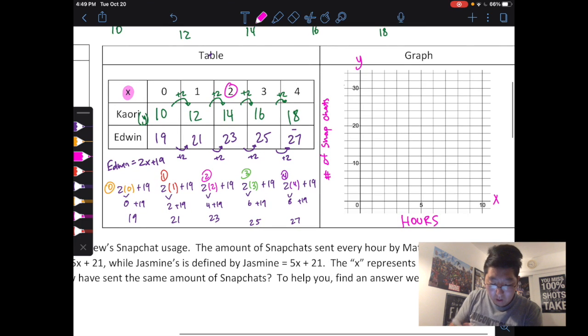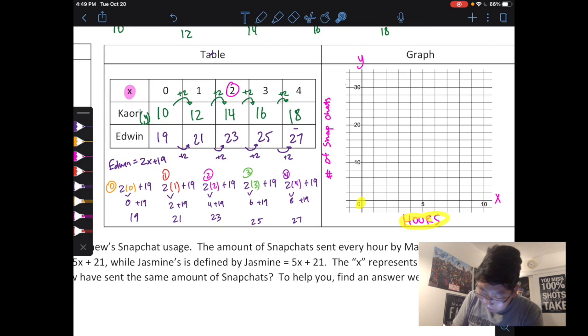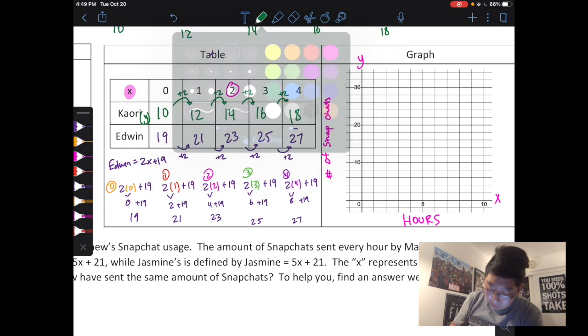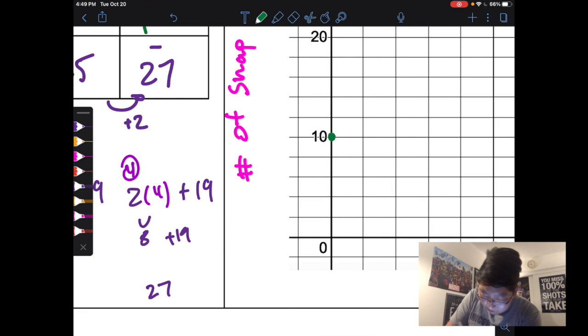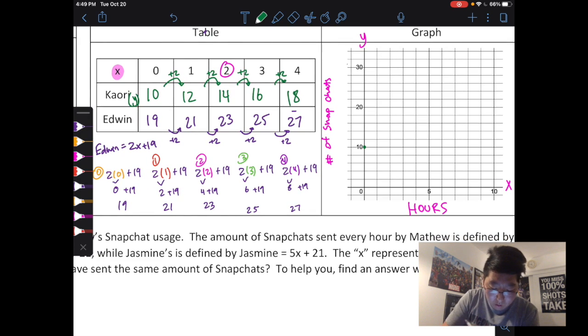Okay, so in 0 hours, how much did Coyote send? We should be able to go find 10 for Coyote. That's his first point. The next point, in 1 hour, how much did he send? 12.